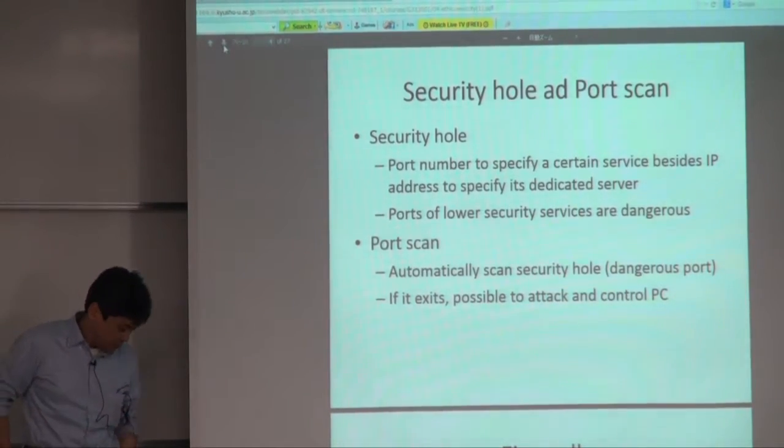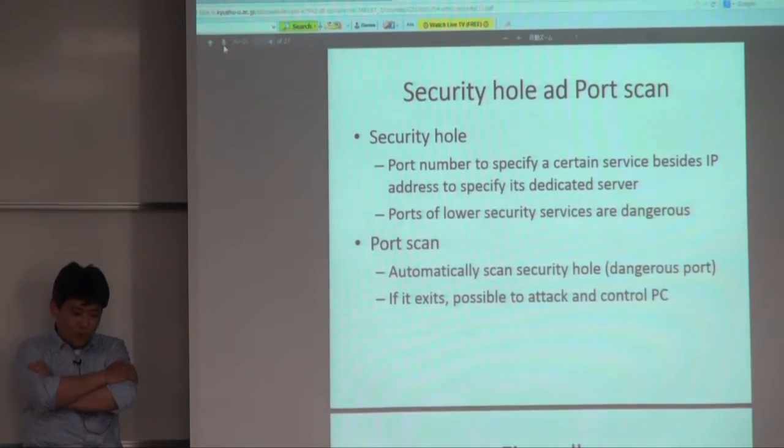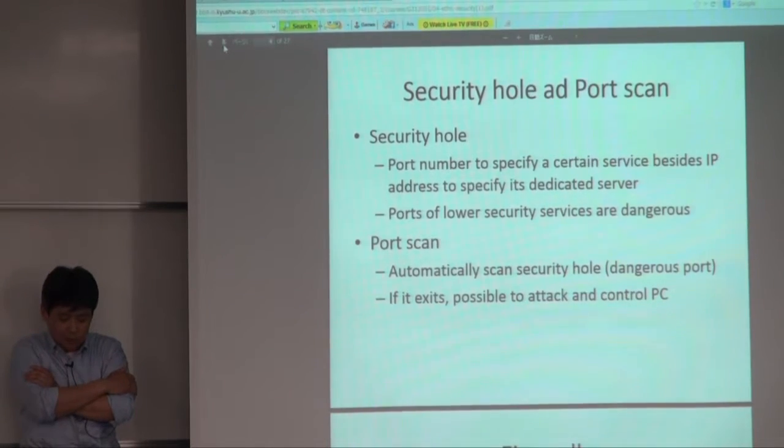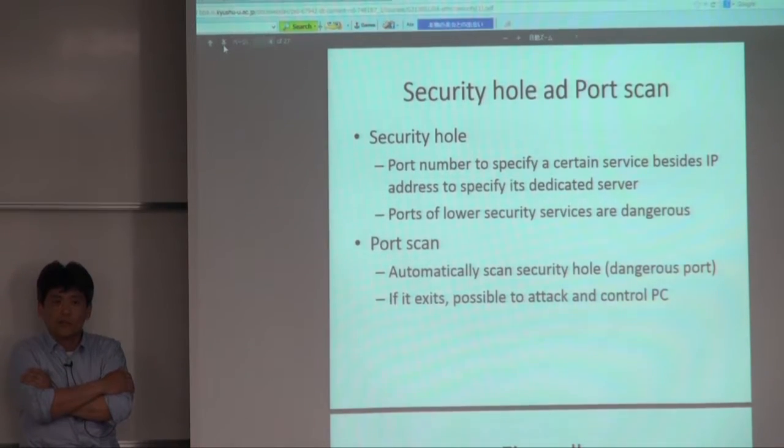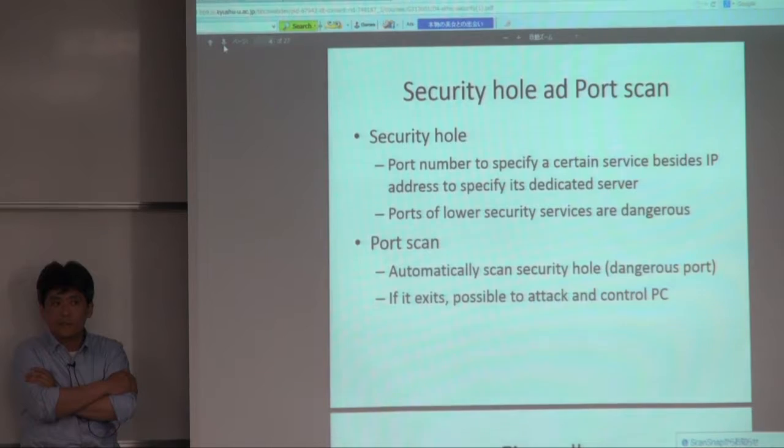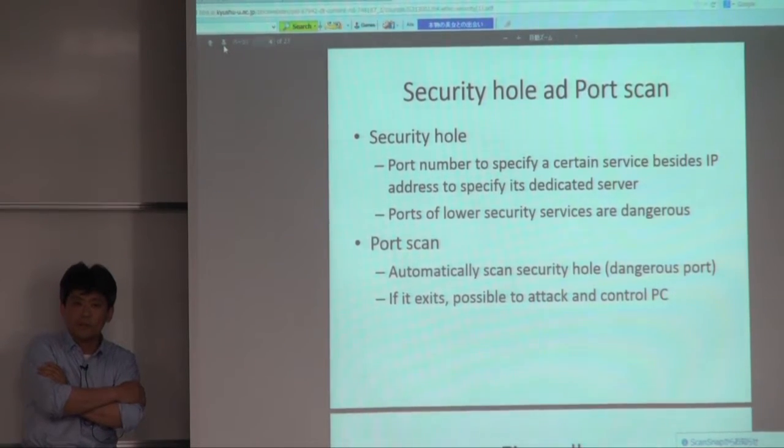Of course, the service provider usually doesn't know about such a dangerous port, a security hole. However, unfortunately, such services sometimes include lower security. Okay.